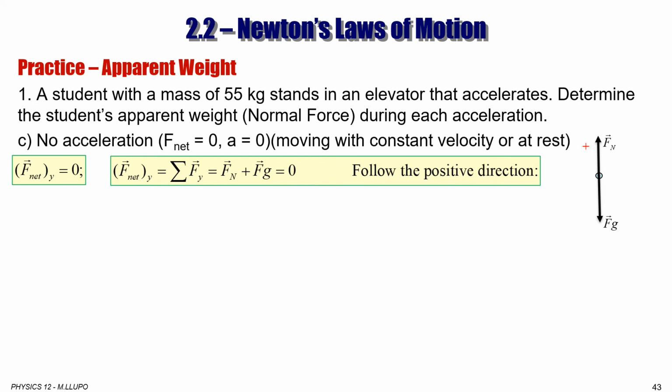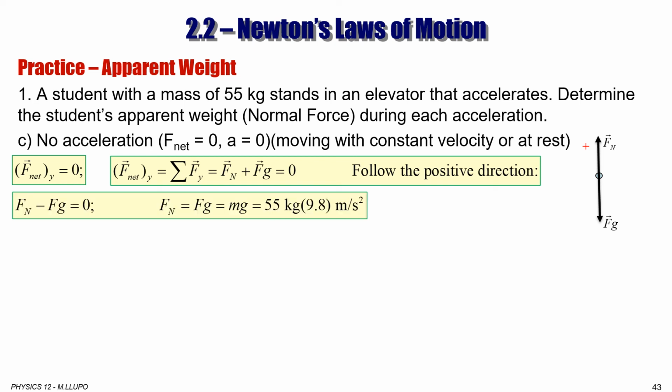So we plug in those numbers and find Fn is 539 Newton. So that is a normal weight. That is the force of gravity without acceleration.